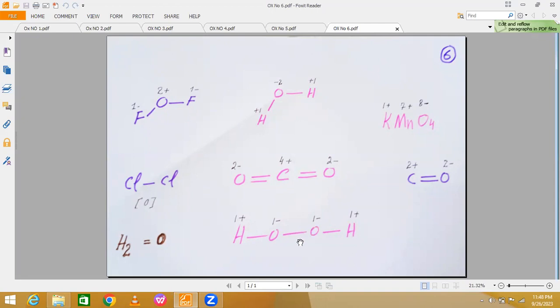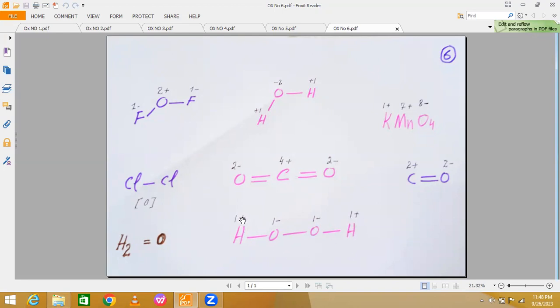Here see the example of hydrogen peroxide: oxygen, oxygen, hydrogen, and on this side also the hydrogen. So here the oxidation number of oxygen is 1-, 1-, because the oxidation numbers of the hydrogens are 1+, 1+.